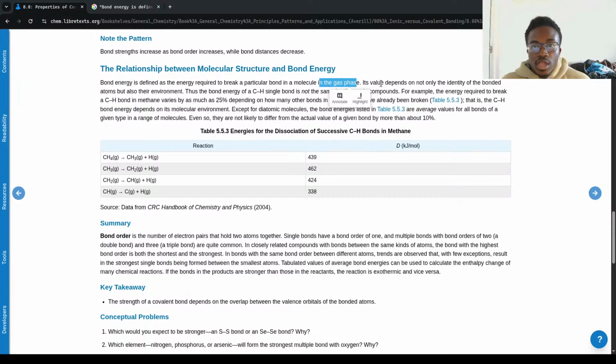Because if you're in a liquid or solid phase, I guess you have more. I mean, it still doesn't. I don't know how that rationale holds when molecules are more mobile in the gas phase anyway, in the liquid phase.